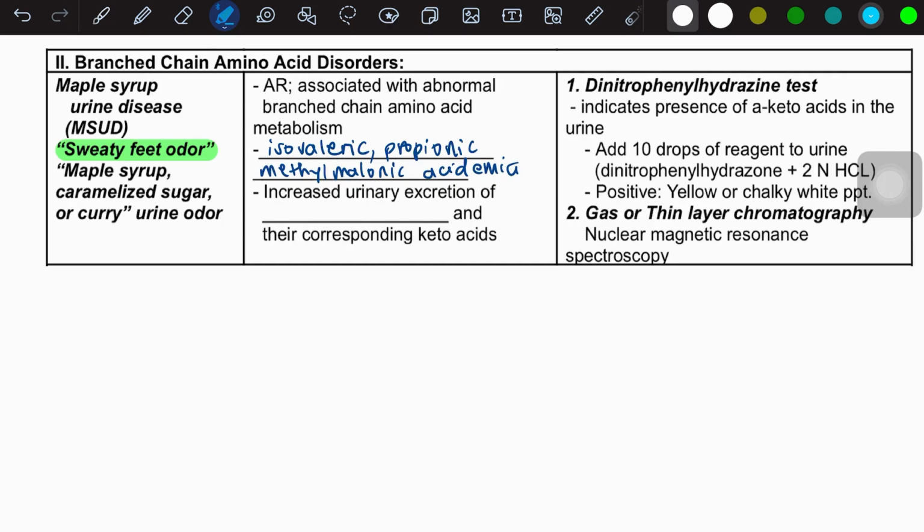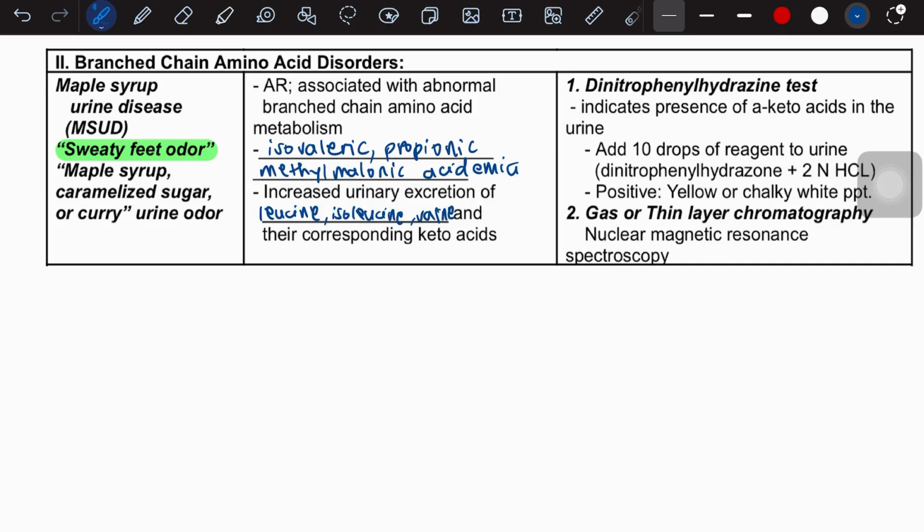So, now let's talk about your MSUD. In our MSUD, or maple syrup urine disease, there is an increased urinary excretion of leucine, isoleucine, and valine. So, my mnemonic for that is LEVA, and their corresponding keto acids.